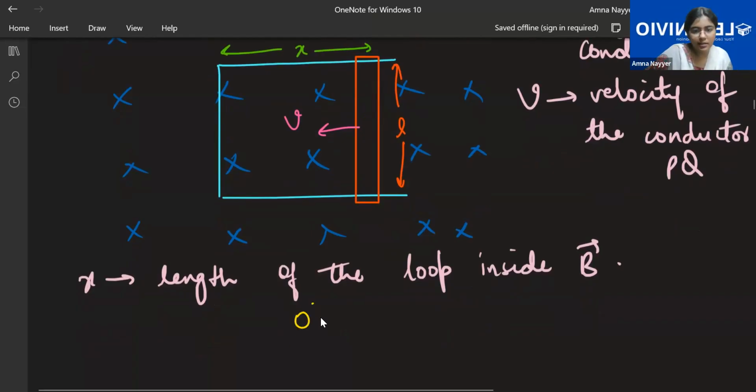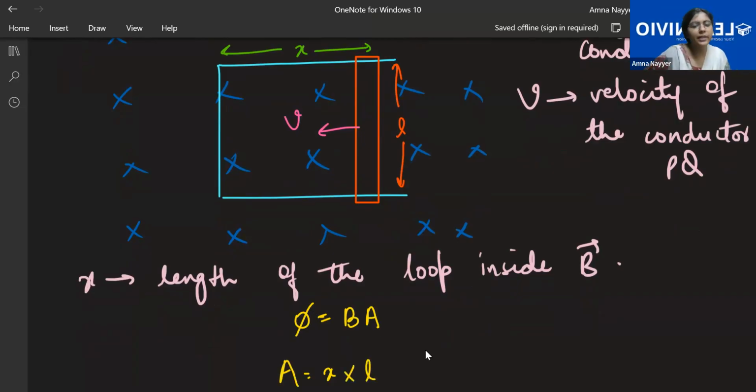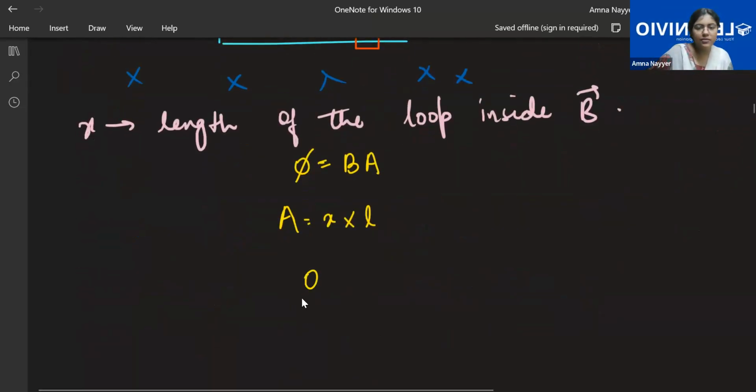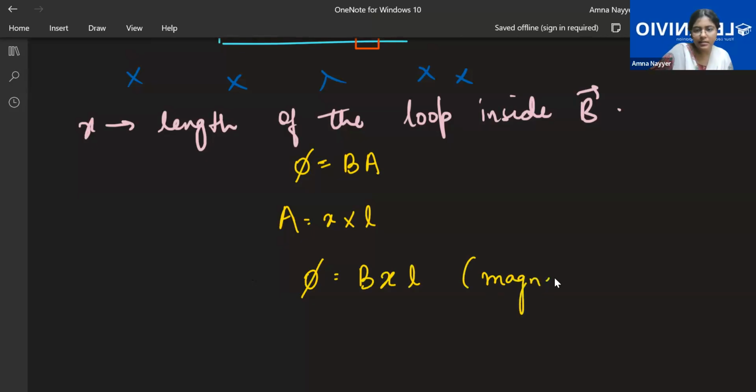Now this is a rectangle that can be clearly seen, with this X and this L. What will be the area of a rectangle? X into L. So I can say flux is equal to B into X into L. This is the magnetic flux.